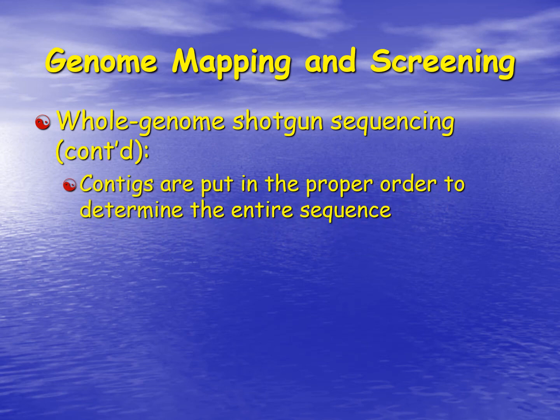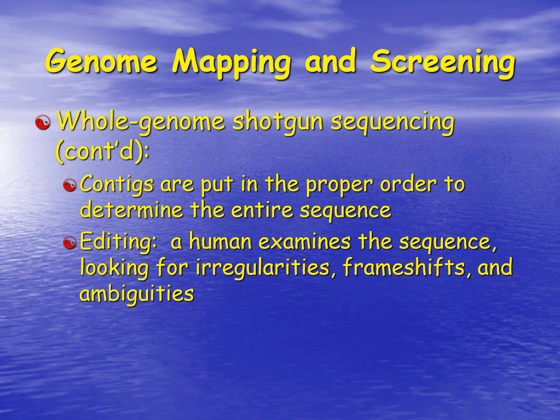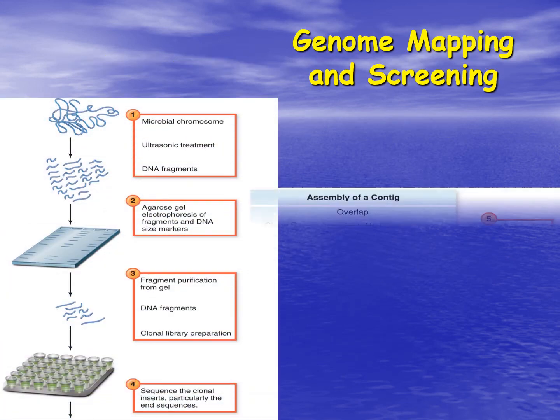So contigs then will be put into the proper order to determine the entire sequence. And then finally, a human does editing to examine the sequence and their overlaps, looking for any irregularities, frame shifts, or ambiguities.